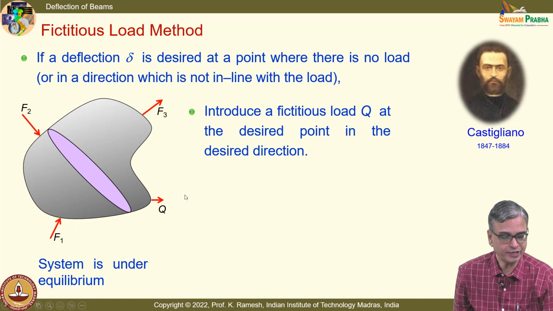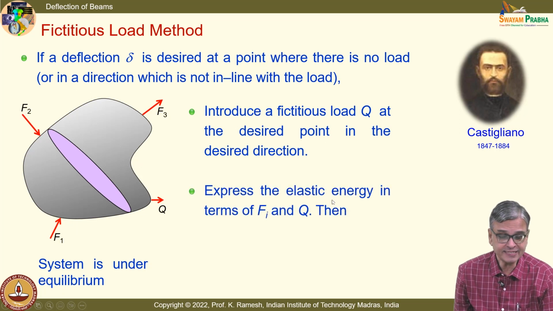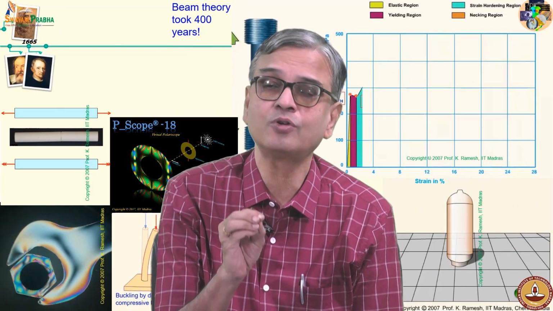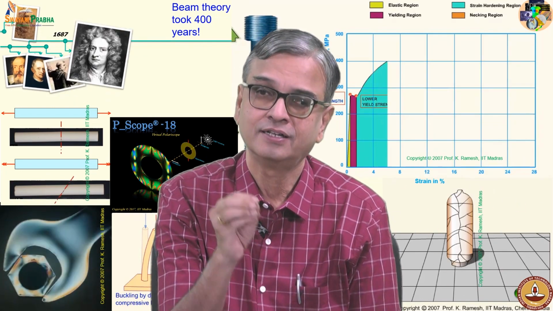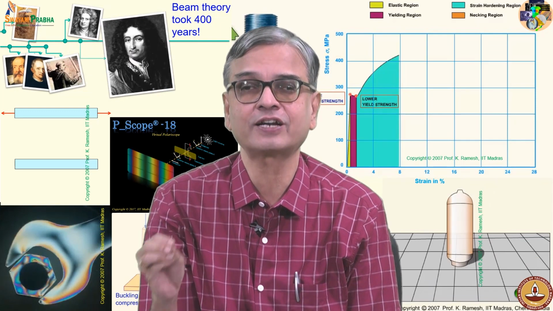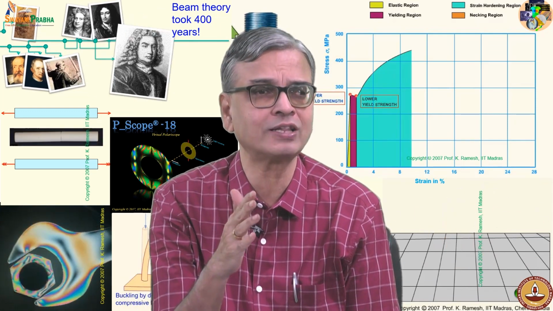So I can put it at different points. Express the elastic energy in terms of the force system acting on the member as well as the fictitious load Q. See, at a time you apply fictitious load only at one point. Solve it, you get the deflection at that point along that direction.